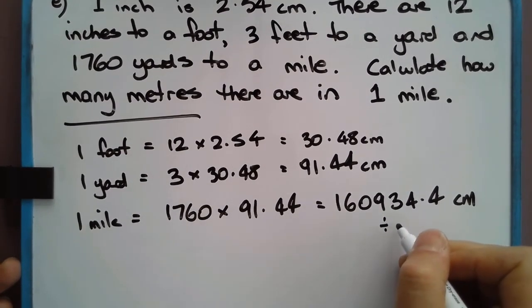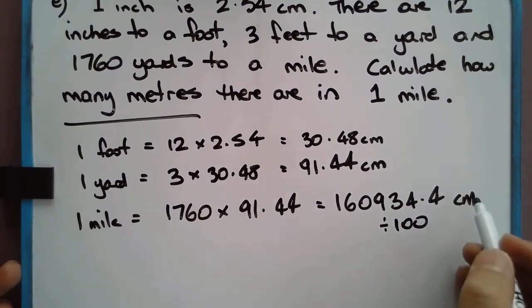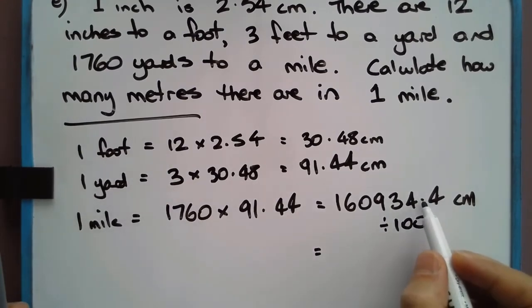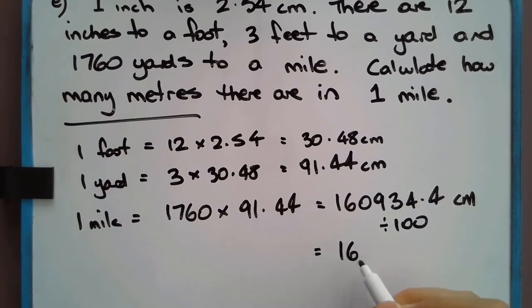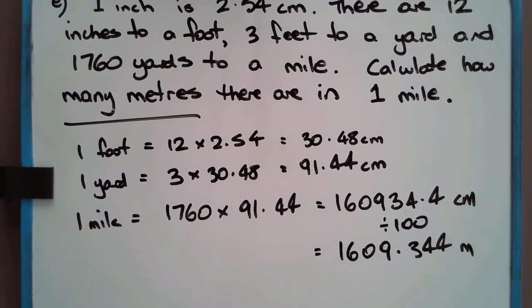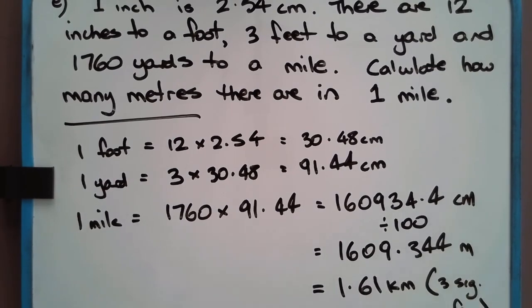So we're going to divide that by 100 to convert it from centimeters to meters, moving the decimal point over 2 places. 1,609.344 meters. And if you want that in kilometers, that's 1.61 kilometers to 3 significant figures. So it's around 1.6 kilometers. When you talk about a quarter mile, for example, or 1/4 of a mile, that is roughly around the 400 meter mark.